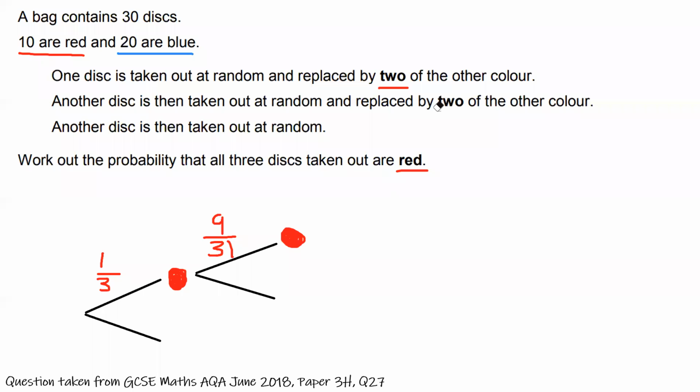Now we've got to do this a third time. On the third time, we now have the probability of the disc being red. So how many discs have we got? Well, as from before, we had 31.